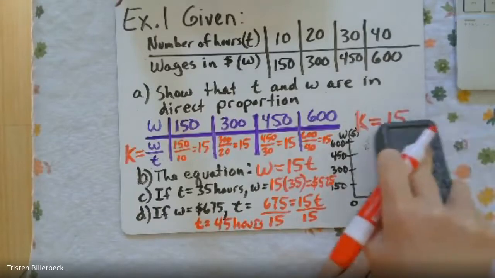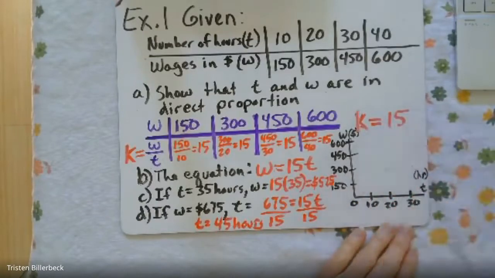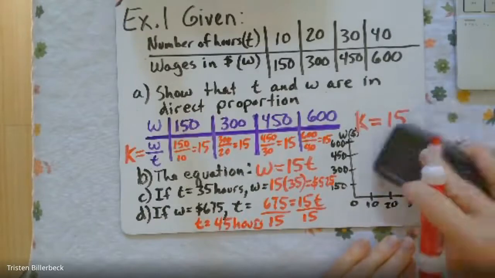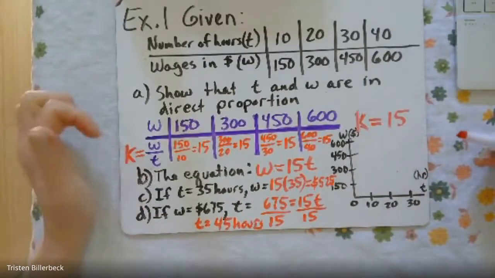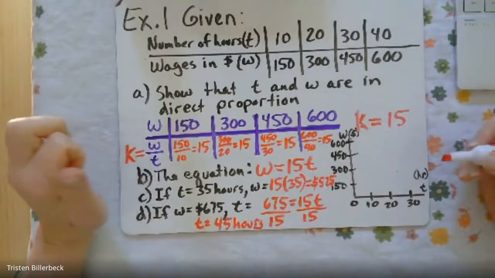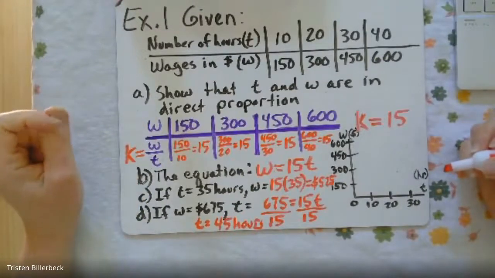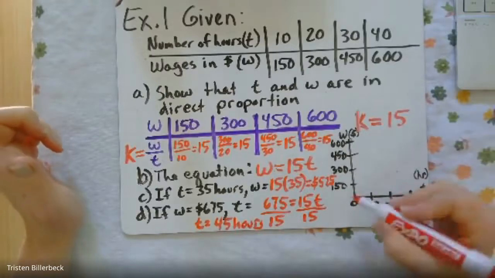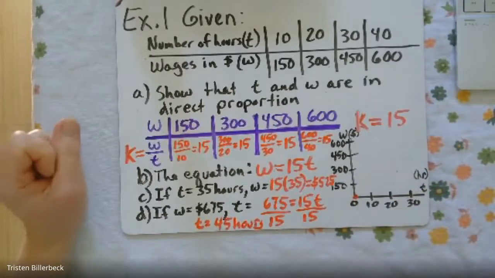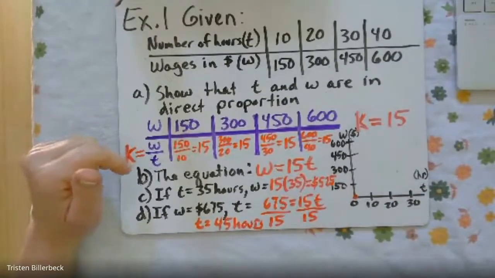If we were to plot this, what are we going to see when we see the line? If you said it should go through the origin, yes, that'd be right. And it should look like a line.